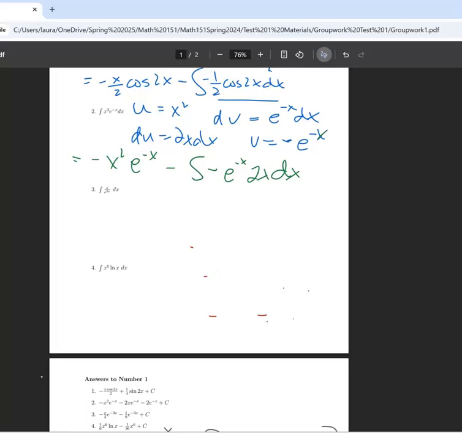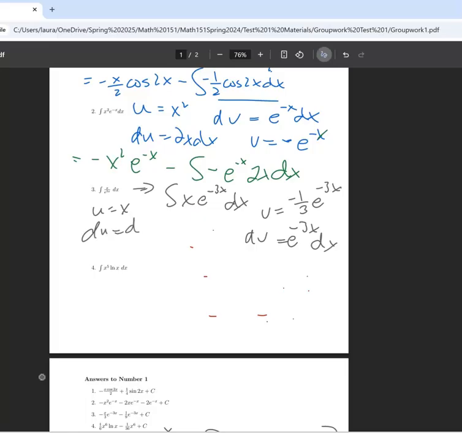Okay, here we go. So if I let u equal x, and literally I'm rewriting this as x e to the negative 3x, right? And then dv is e to the negative 3x. So v, taking the antiderivative, would be a negative 1/3. And then the du is dx.